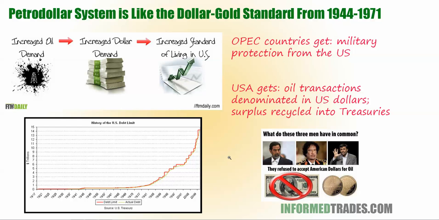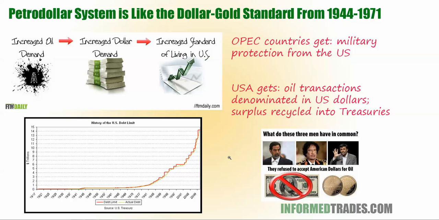The deal that was struck in 1973 was that the U.S. would provide military protection to OPEC countries, and in exchange, oil transactions that the OPEC countries are engaged in are denominated in U.S. dollars. Moreover, when an OPEC country gets these dollars and they have a surplus, they recycle them into U.S. Treasuries.